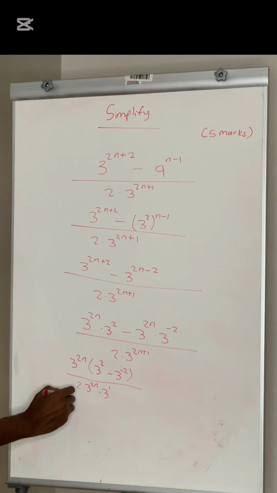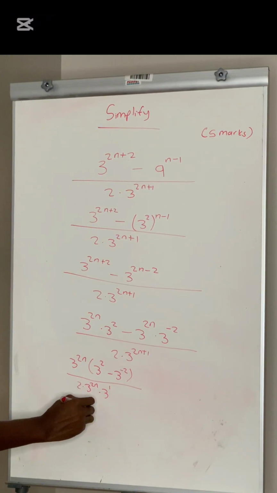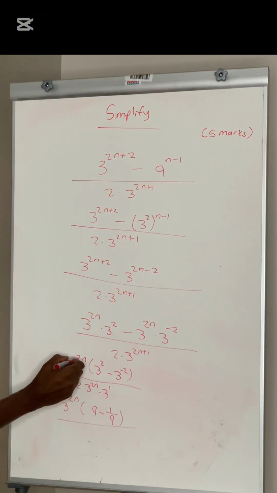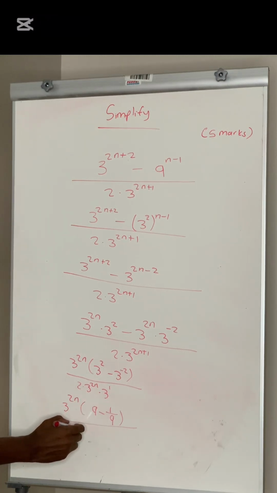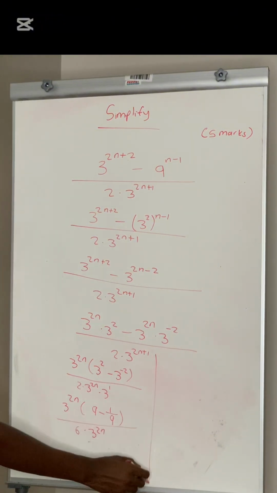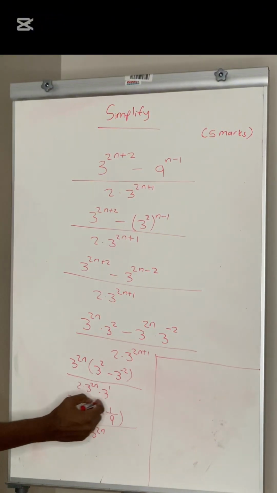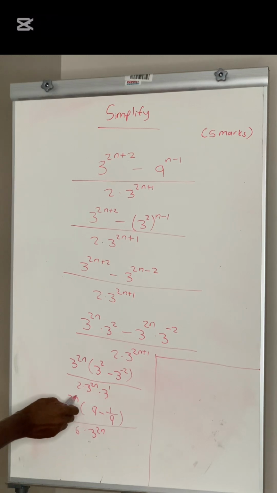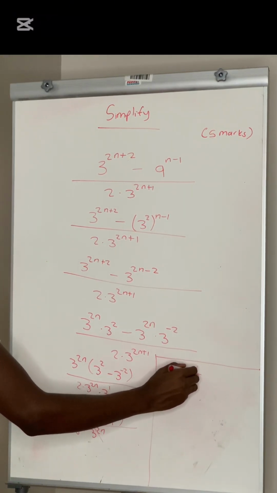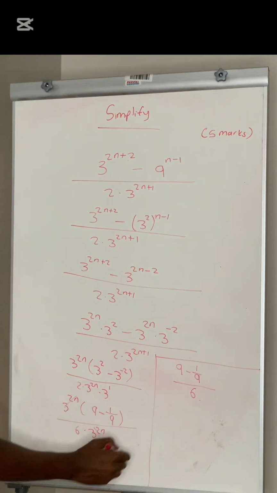And then 3 exponent 2n into 9 minus 1 over 9, and all of that divided by 2 times 3, that is 6, times 3 exponent 2n, okay? From there, this 3 exponent 2n and this 3 exponent 2n are going to cancel each other out. We're then left with 9 minus 1 over 9 divided by 6.